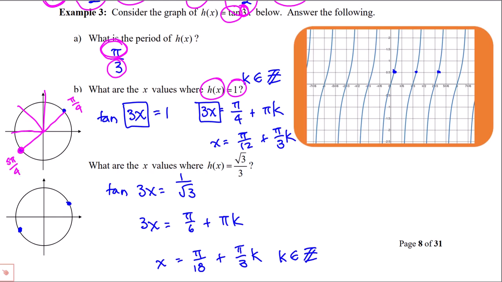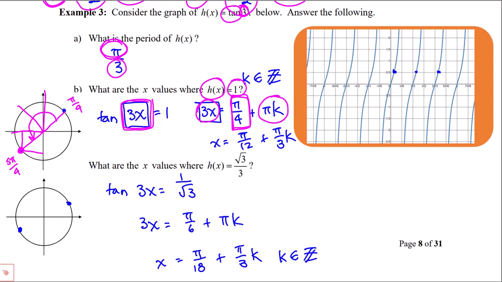Because this is like the x and y are the same, but they're both negative. And so this box, that position, is pi over 4. And then to get the next angle, that's pi away, so I get pi k.